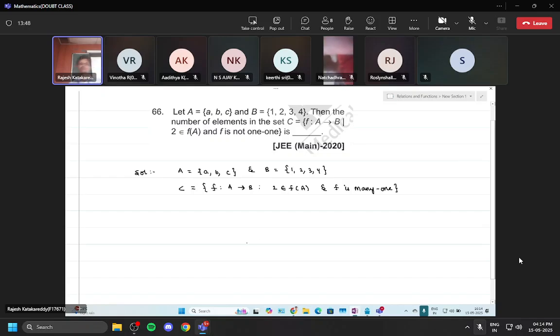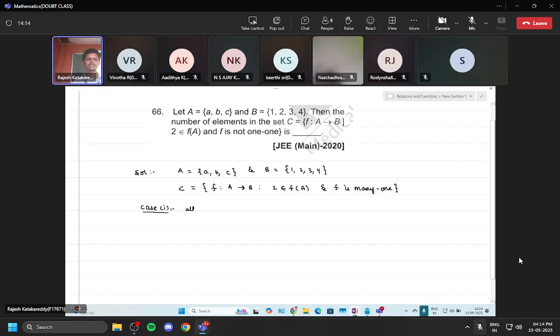So here also we need to make sure in the range of function f of x there is an element 2, right? And we need to make sure the function f is a many one. So I am breaking this into different cases. There will be a case when all three inputs are mapping to same output 2, right?